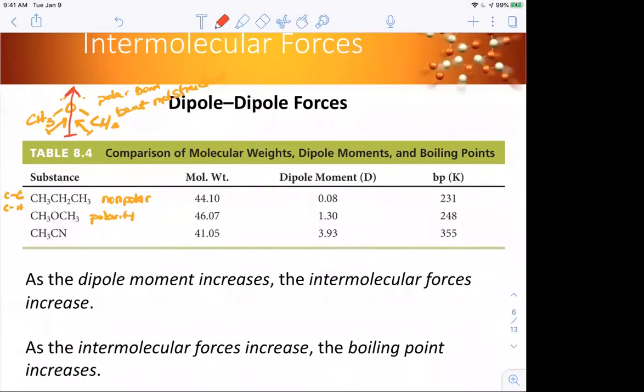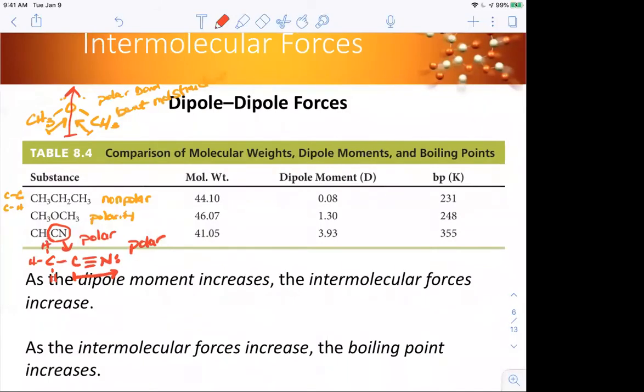And then here, this is also polar because I have my methyl group, my CH3, and then I have my CN, which is that cyano group. And this also has a dipole that goes in this way. So this is a polar molecule as well.